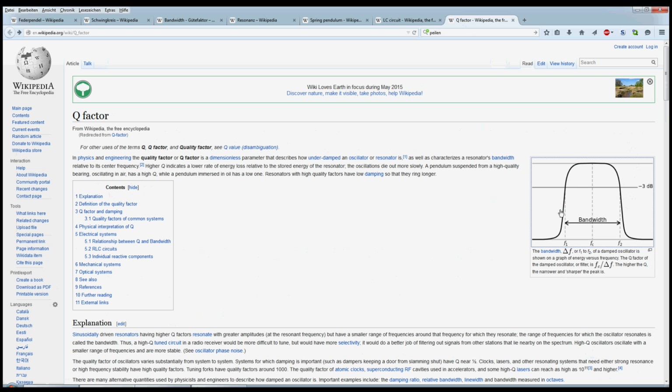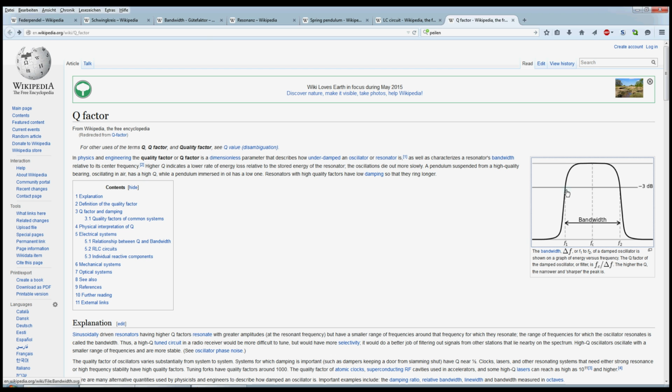Here we see the bell shape of a resonant circuit, and there's this Q factor, which stands for quality factor, or a figure of merit is another way of expressing what Q factor means.